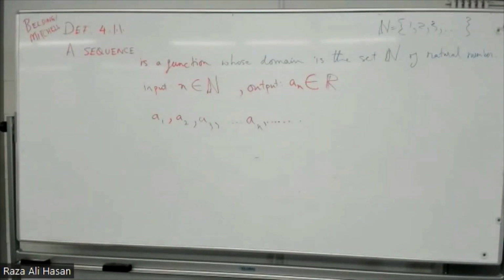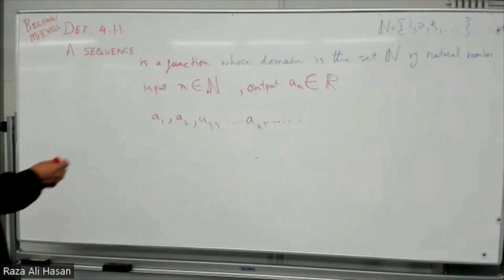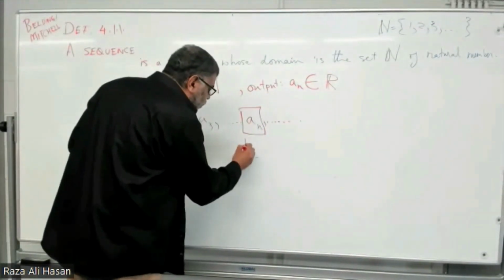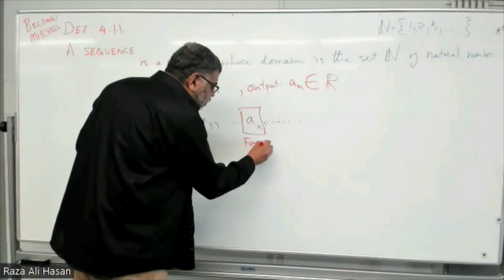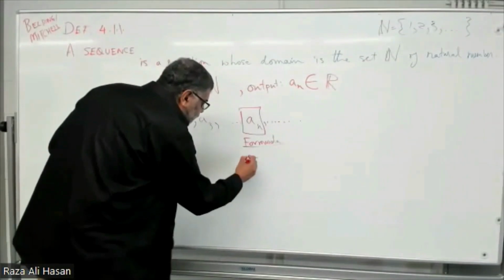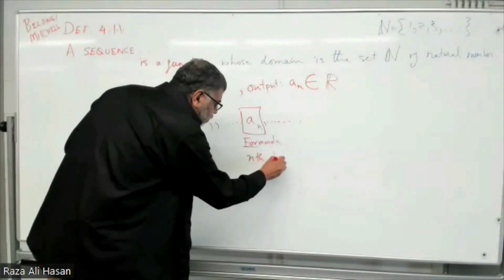So this sequence can go to infinity. Another way: this thing is called the formula, as well as the nth term.